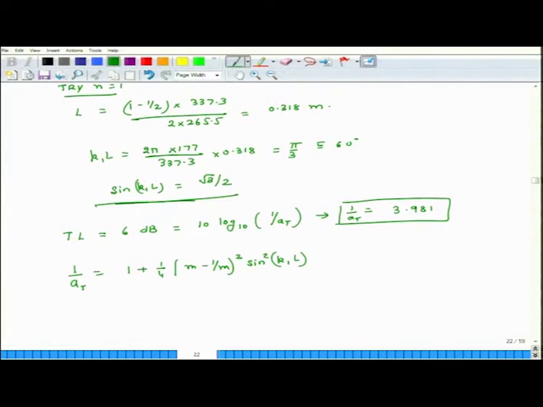So, now in this relation we know this, we also know this term, but we do not know this. So, we will compute m.